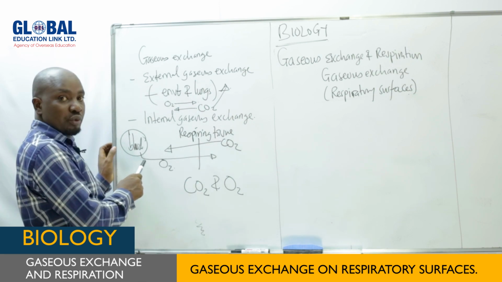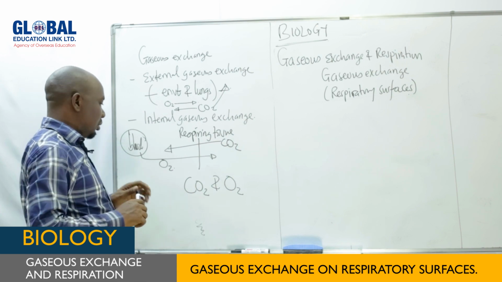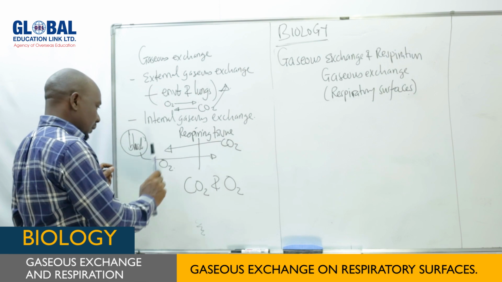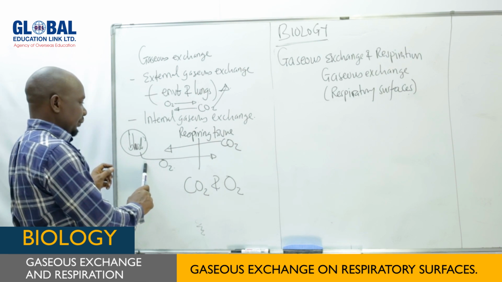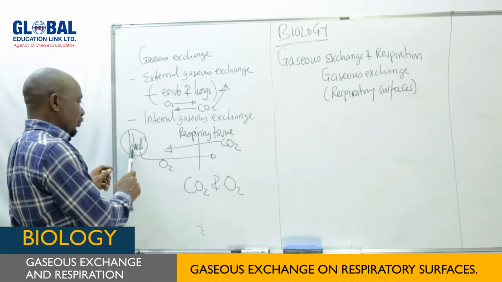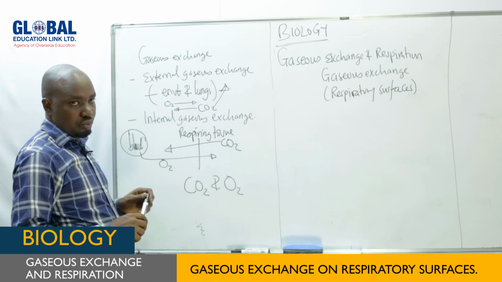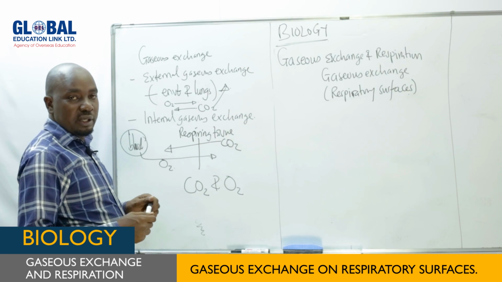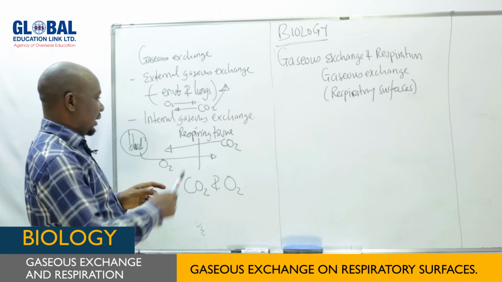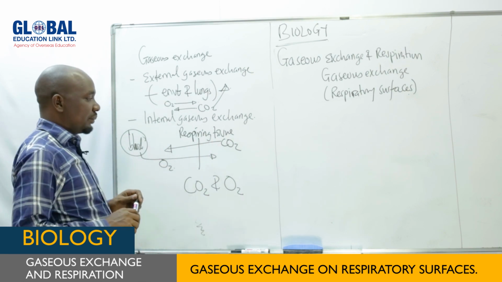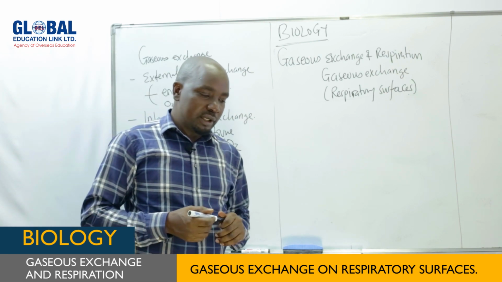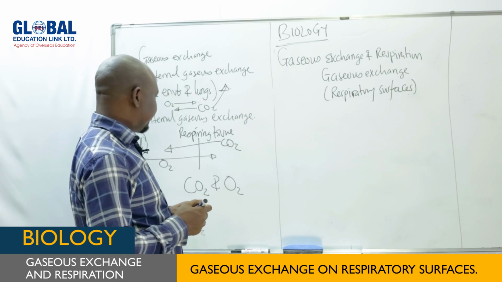In the respiring tissues, because there is low partial pressure of oxygen, oxygen will diffuse from the blood into the respiring tissue. Likewise, the partial pressure of carbon dioxide in respiring tissues is higher, so carbon dioxide will diffuse into the blood and then be carried to the respiratory surface.